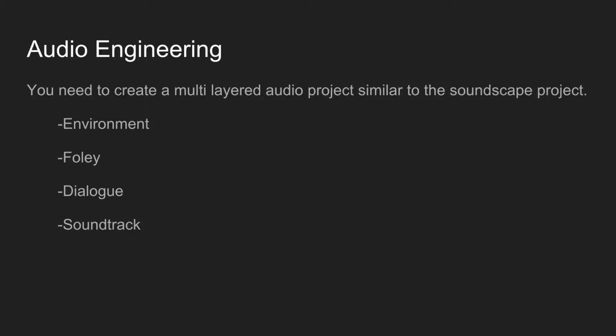Or if you wanted to have dramatic movie soundtrack music playing, that's also your choice. But the 2 main things I'm looking for in this project is a realistic environment background sound and then realistic Foley, meaning that your sounds have been timed out as well as possible with the video at hand.